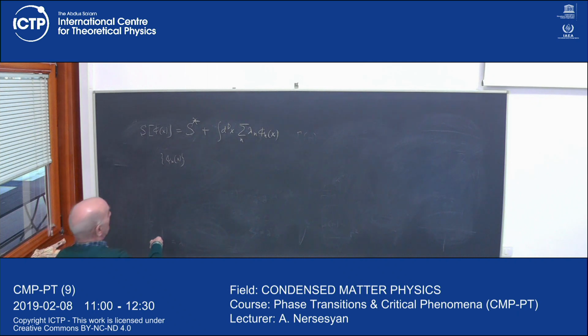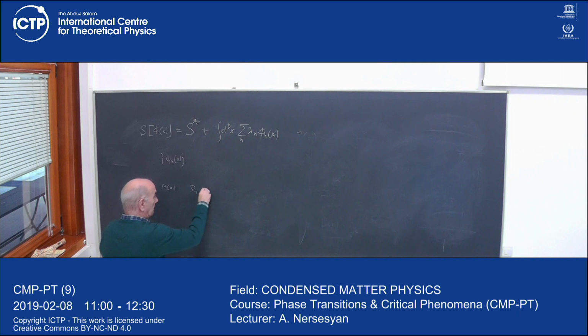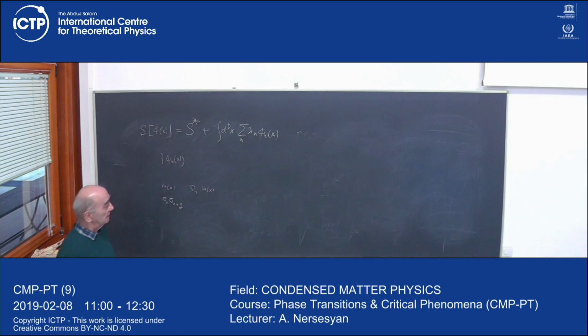For instance, it can be another parameter, m of x, the magnetization. It may be its gradient. But it may also be what we have, sigma n times sigma n plus g, where g is the nearest neighbor vector. It's an energy density in the microscopic Hamiltonian.